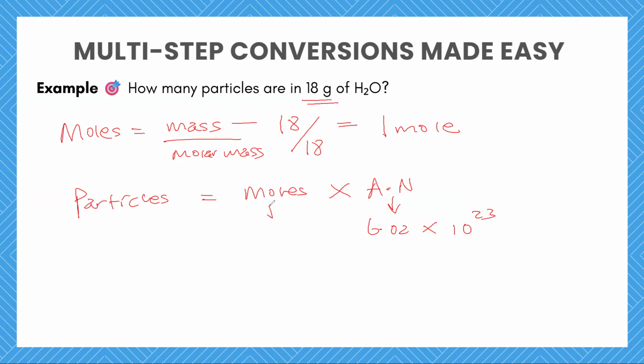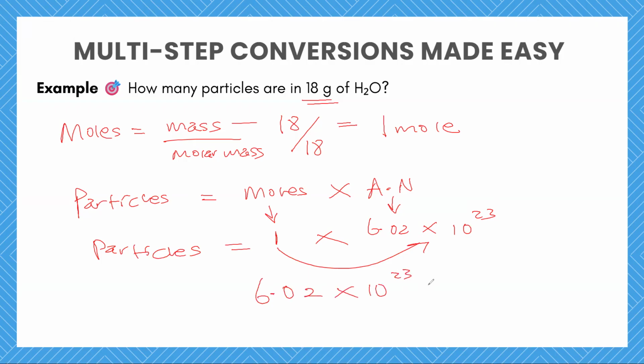The number of moles present here is 1. So the number of particles becomes 1 times 6.02 times 10 raised to power 23. And therefore, the number of particles is 6.02 times 10 raised to power 23 particles. It is as simple as that.